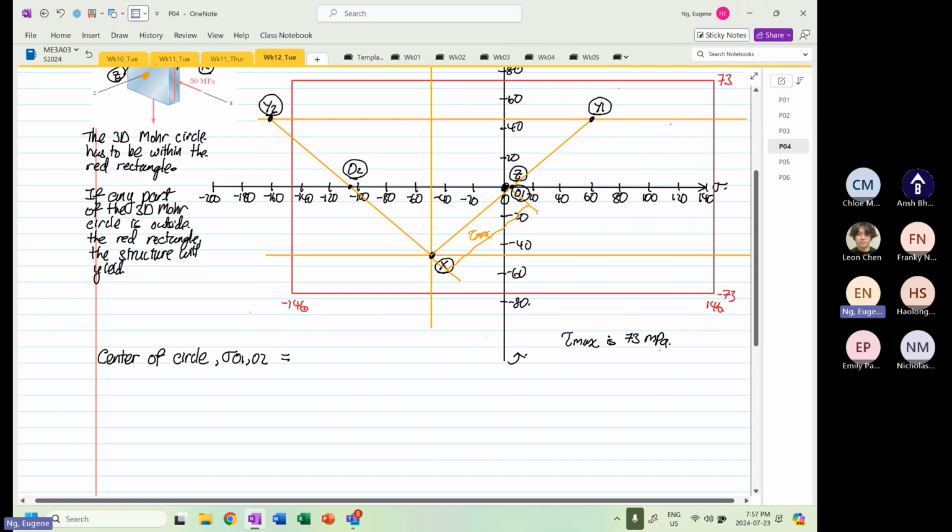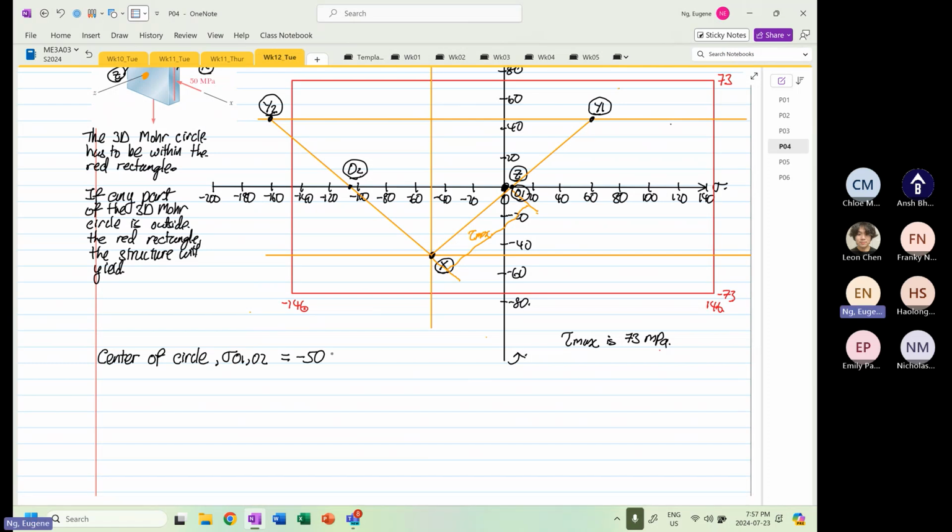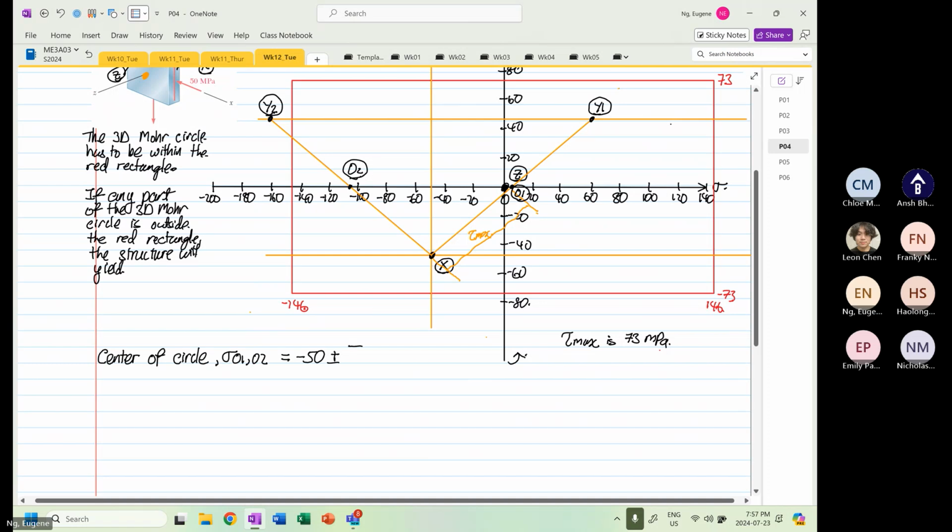And this is equal to minus 50 plus or minus the square root of 73 squared minus 48 squared.